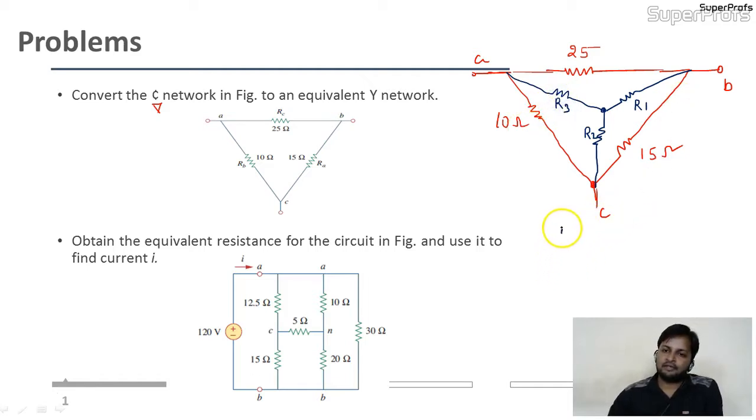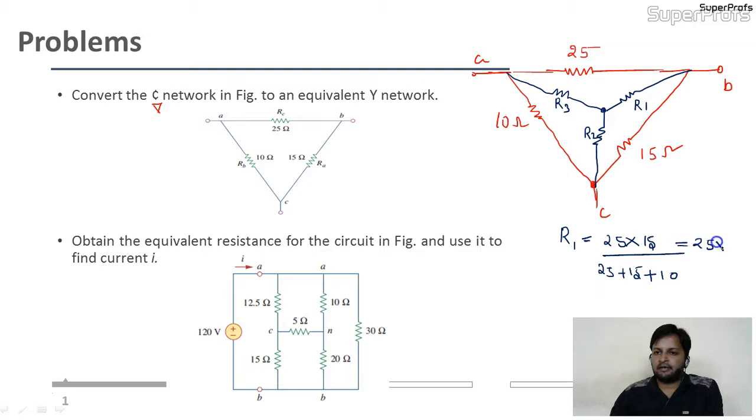The value of R1 is 25 into 15, correct. Remember the formula. If you want to get the R1, we'll multiply 25 and 15 and the summation of all, means 25 plus 15 plus 10. Is it okay? So at the end you are getting 25 into 15 divided by 50.